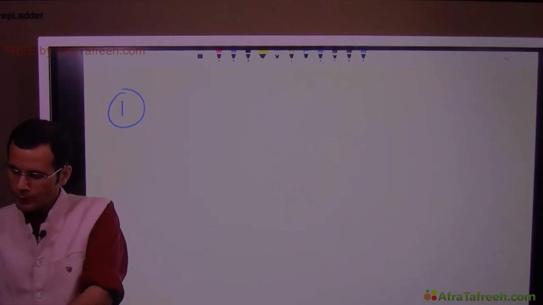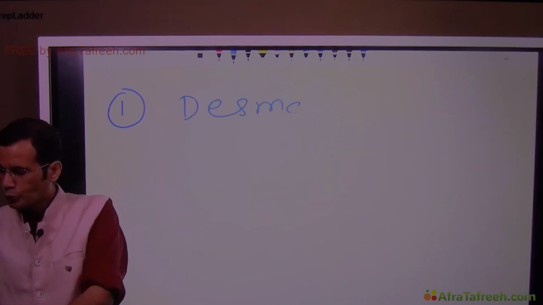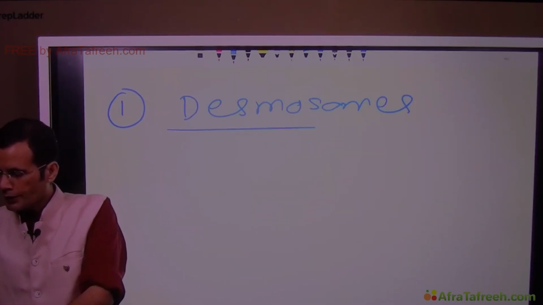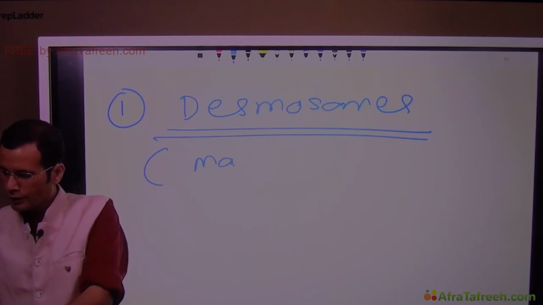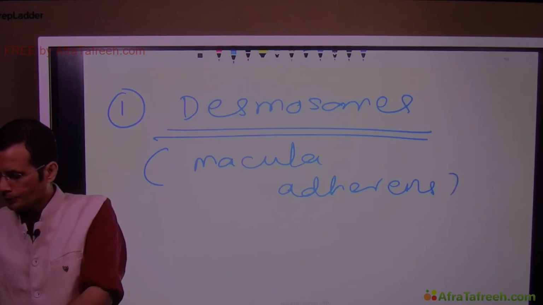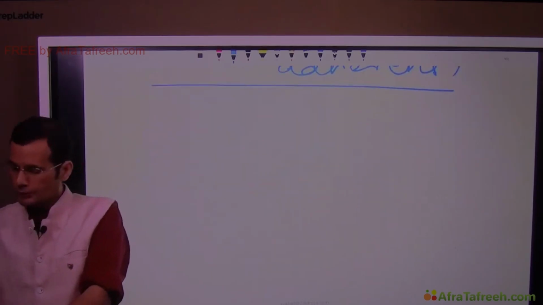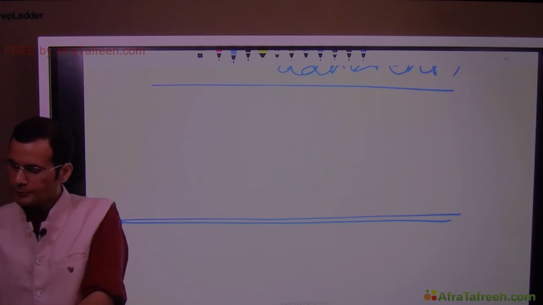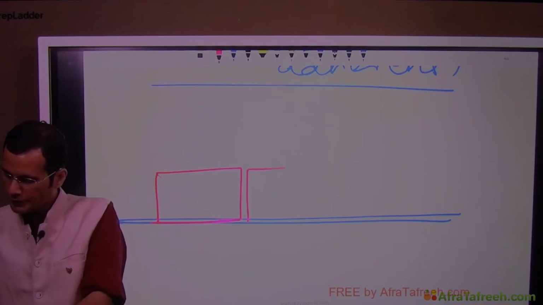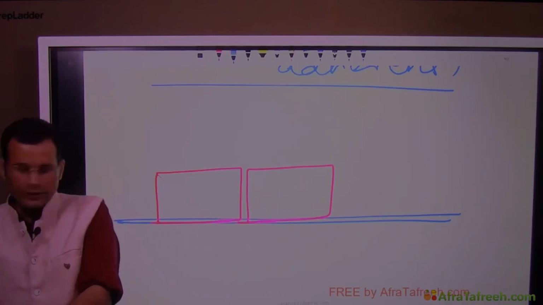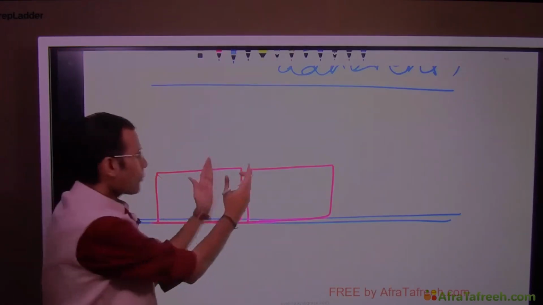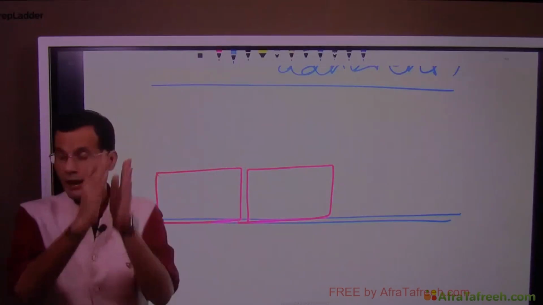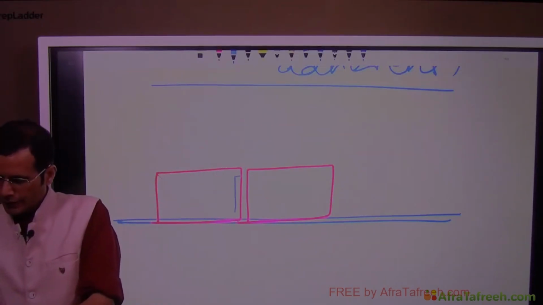First type of junctional complex is desmosomes. Desmosomes are also called macula adherens. This is seen like this. This is a basement membrane on which these epithelial cells are based. And you see the adjacent epithelial cells. Their opposing membranes are thickened like a plaque.